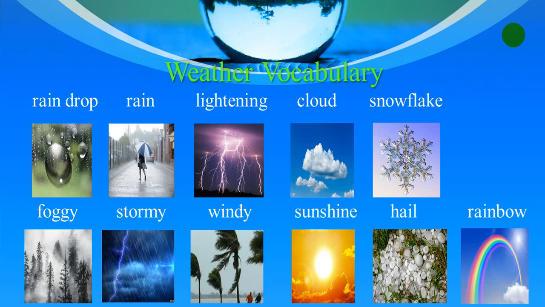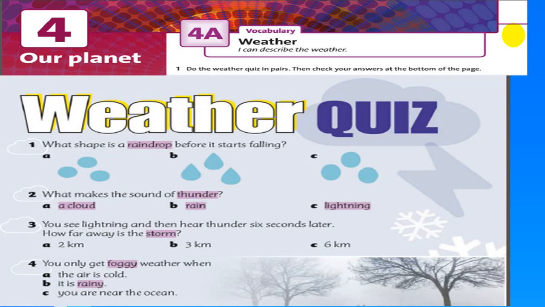So now let's move to a small weather quiz. In this quiz, we will do the weather quiz in pairs, but we have to check the answers at the end of the page. Weather quiz, question 1.